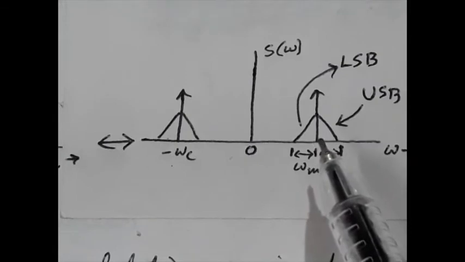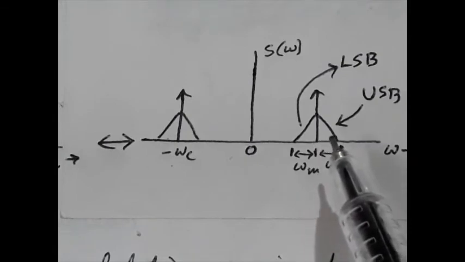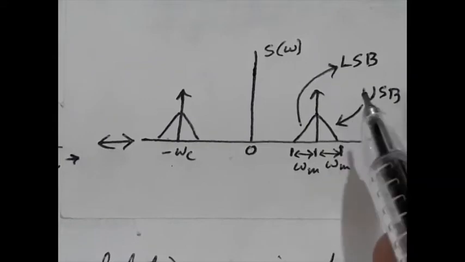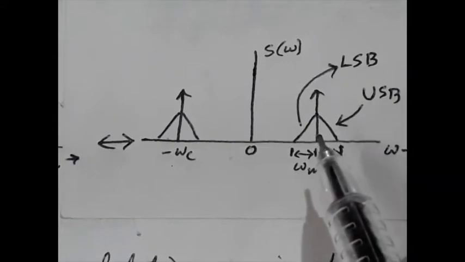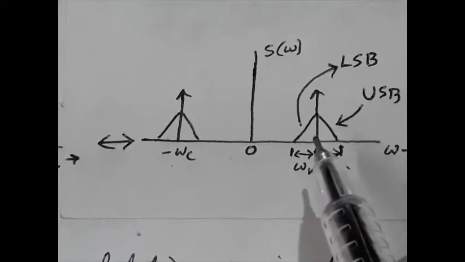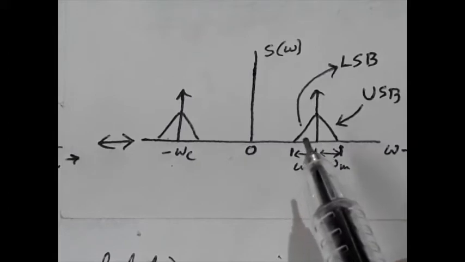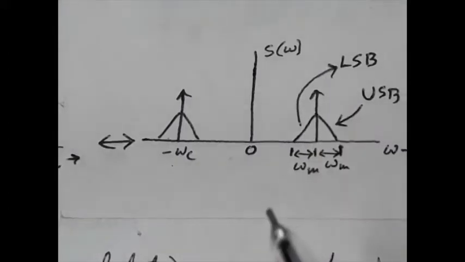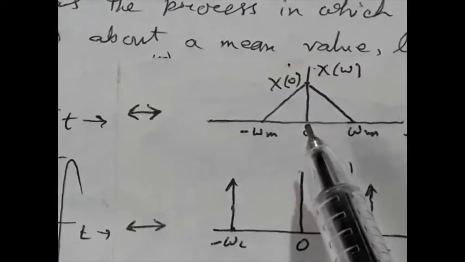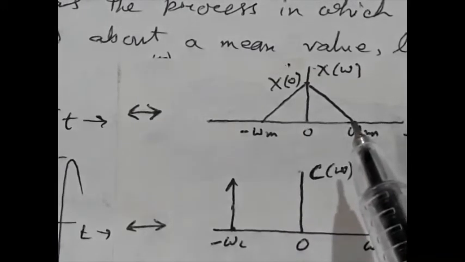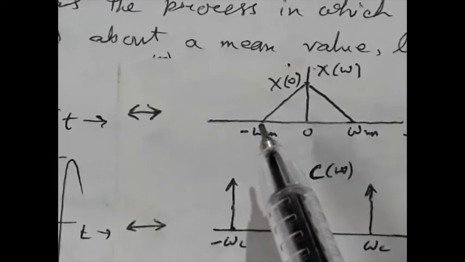The sideband with a frequency greater than ωc, the carrier frequency, is the upper sideband, and the sideband with a frequency less than the carrier frequency is the lower sideband. Now we have assumed that this X(ω) is band limited to ωm. So from 0 on the positive side it is ωm, and from 0 to the negative side it is minus ωm.